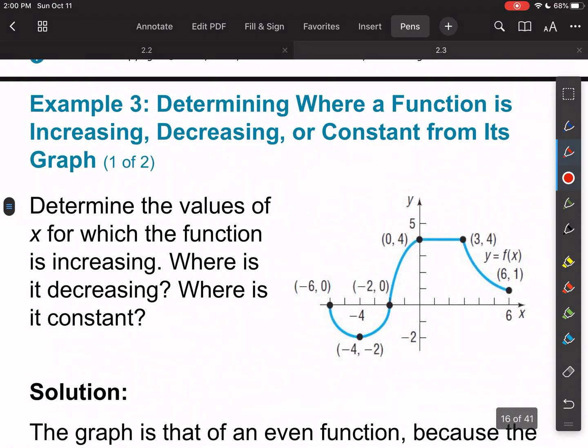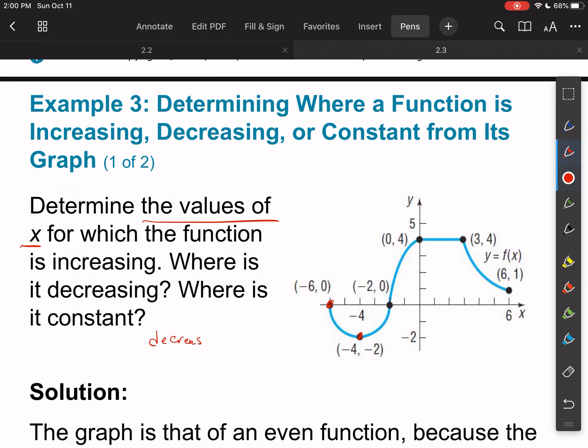But notice for this, you guys, it's asking where do things decrease? I know that from this point here to this point here, the graph is decreasing, right? So for the solution, we're looking at the values of x for which it is increasing, decreasing. Let's look at decreasing first since I talked about that.